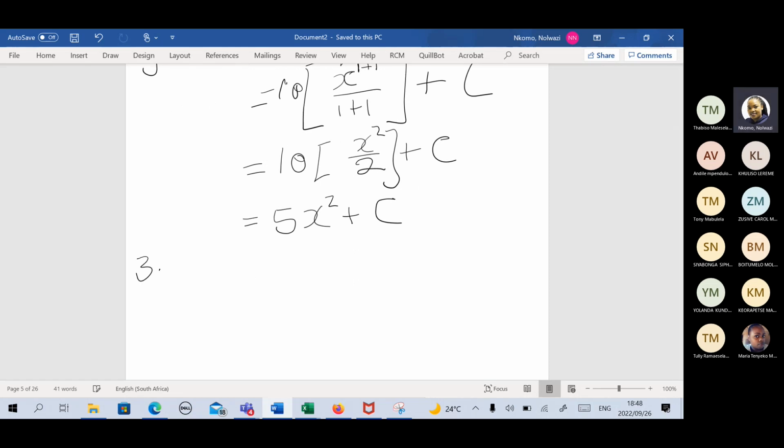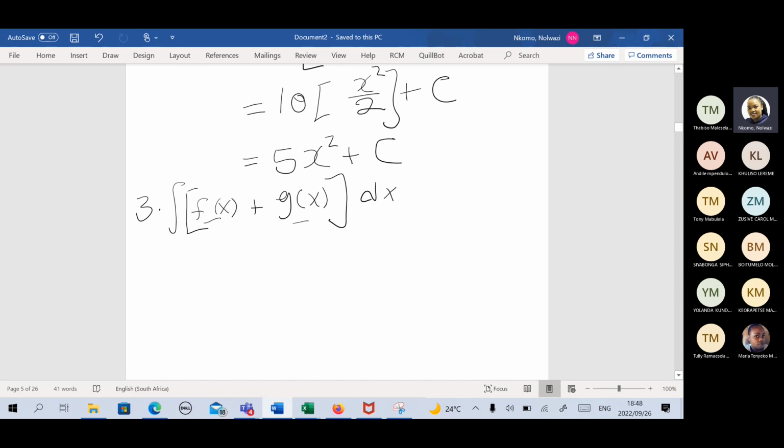Then we have a rule for the integral of a sum. For example, let's say we are integrating f of x plus g of x, meaning we have the sum of two functions, f at x and g at x. If we are integrating this, it is safe to separate them.